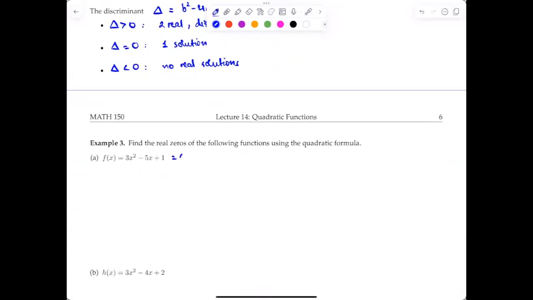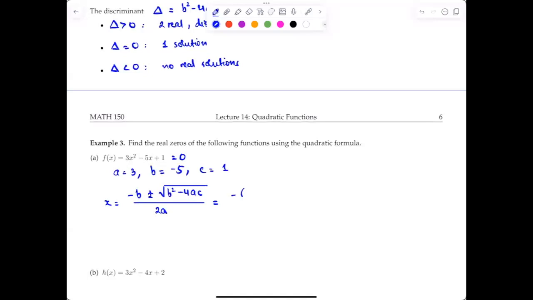So therefore, what you can do is solve this equation using the quadratic formula. So you set this equal to 0, and you define that a is equal to 3, b is equal to -5, and c is equal to +1. So now you use the quadratic formula. Negative b plus and minus square root of b squared minus 4ac over 2a.